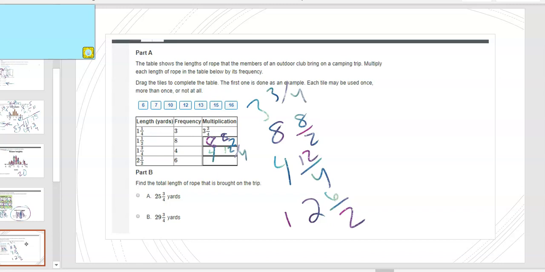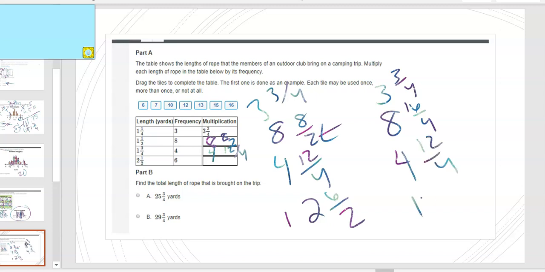If you want to find the total length, you've got to have the same denominators. So put all these over 4: 3/4, 8, 16/4, 4, 12/4, 12, 12/4.